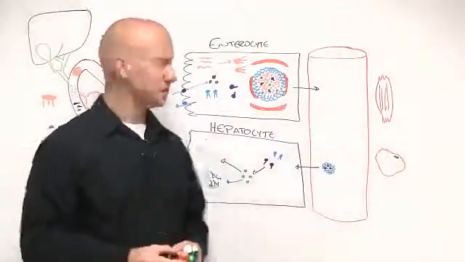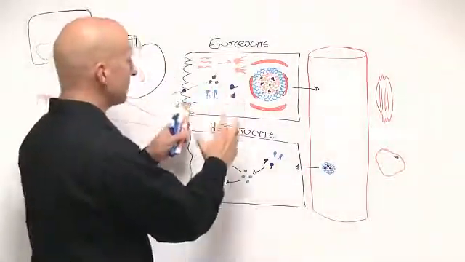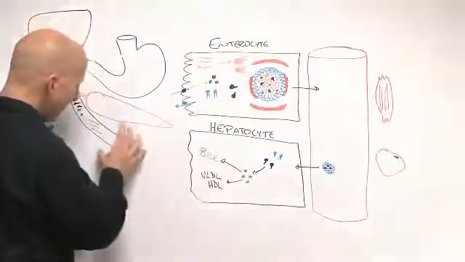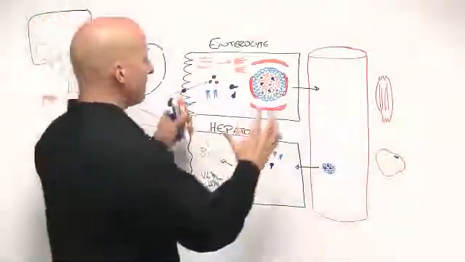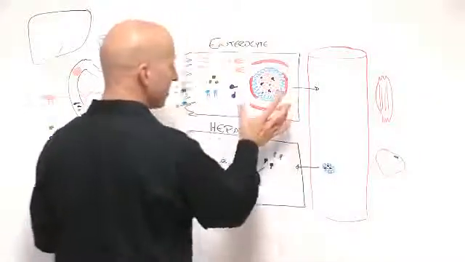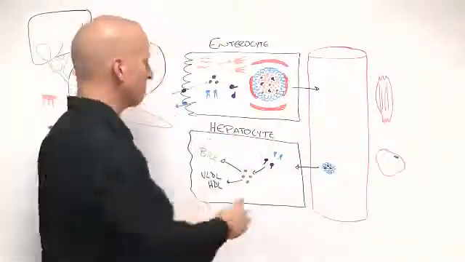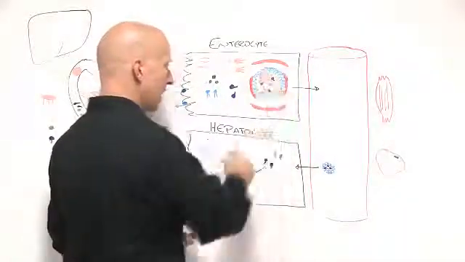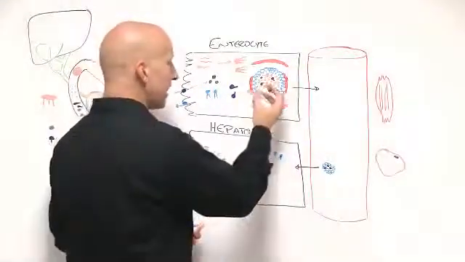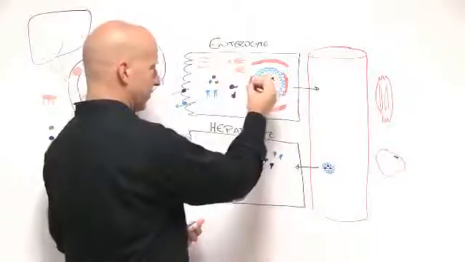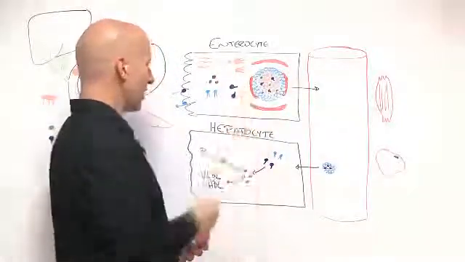Now here's what happens. All of these things inside the cells of our gastrointestinal tract package together what ends up being called a chylomicron. Now these chylomicrons are a phospholipid membrane outer layer, and then inside have an abundance of triglycerides, and we'll look at just how much they have in just a second.